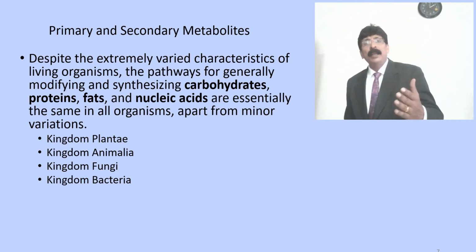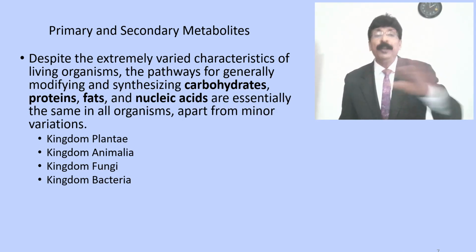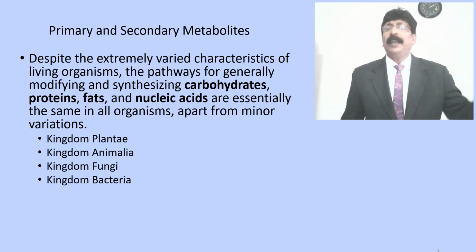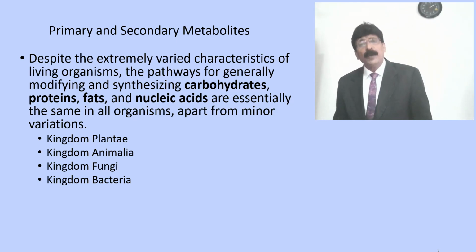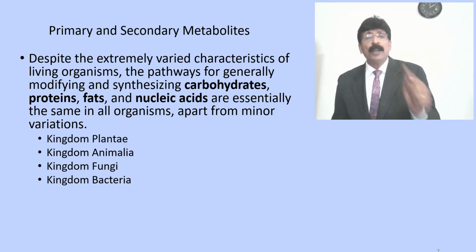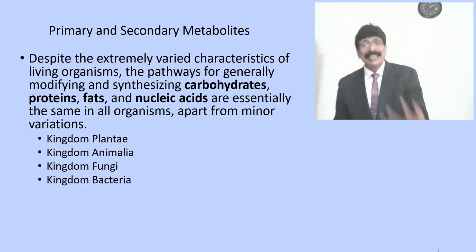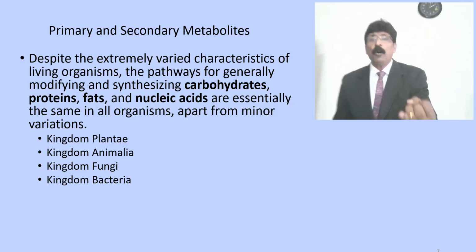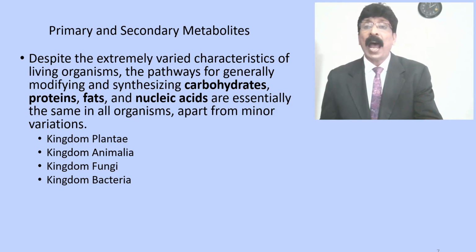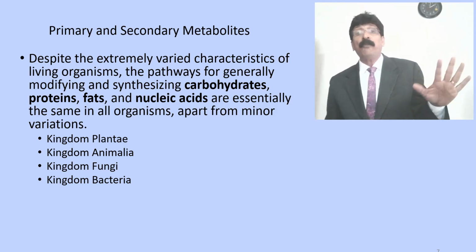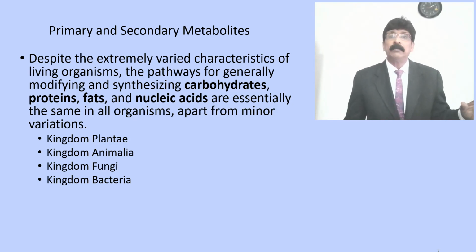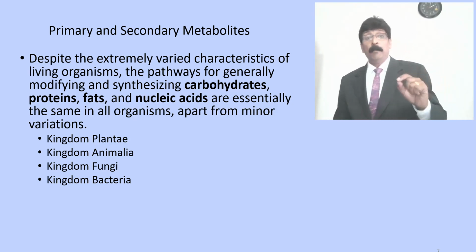extremely varied character of living organisms, plants, animals, fungi, bacteria, which vary so much, the pathways for synthesizing carbohydrate, protein, fat and nucleic acid are essential and the same for all organisms apart from minor variation.